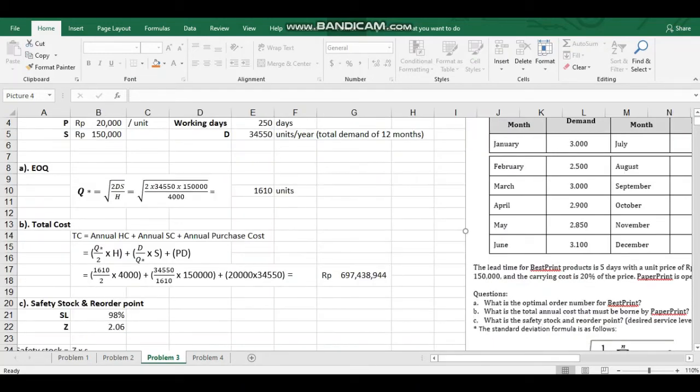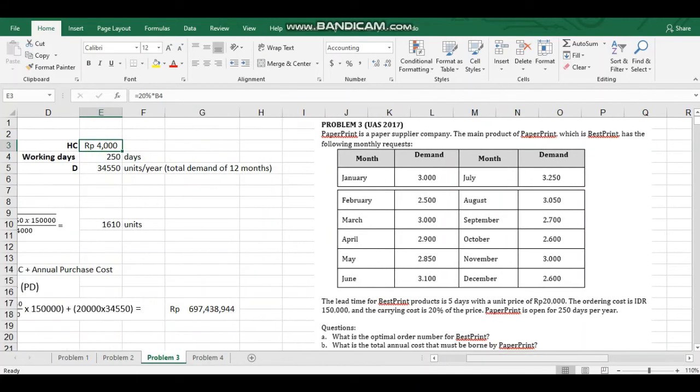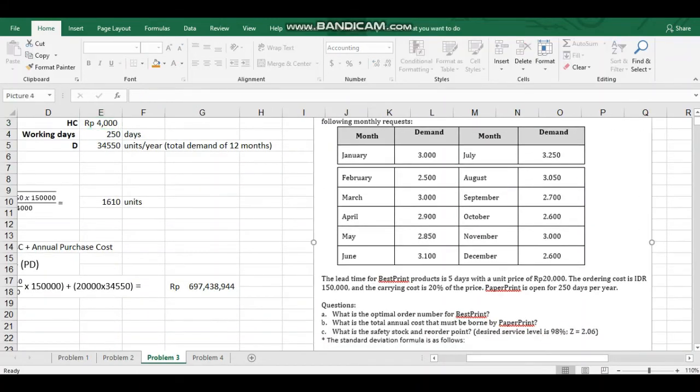So the lead time is 5 days, the price per unit is 20,000, the ordering cost is 150,000, and the holding cost is 20% of the price. So we multiply the 20% with the 20,000, and we got 4,000 rupiah as our holding cost.